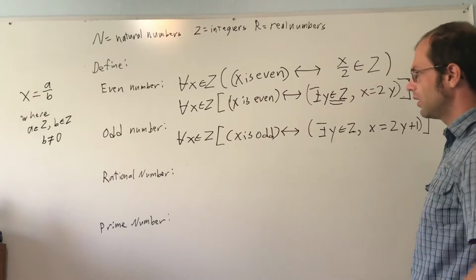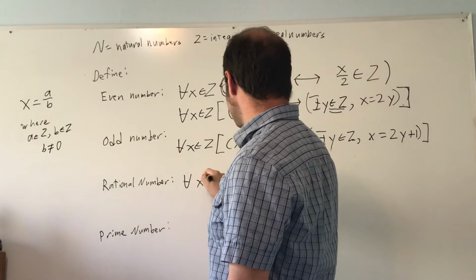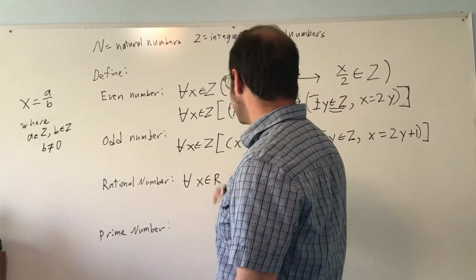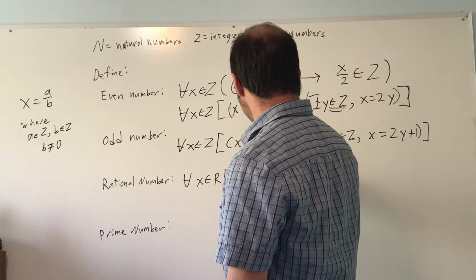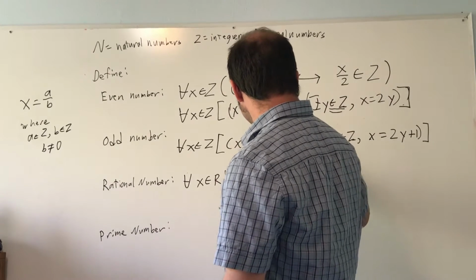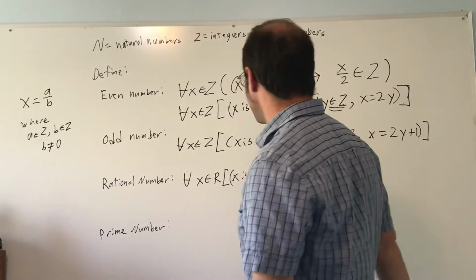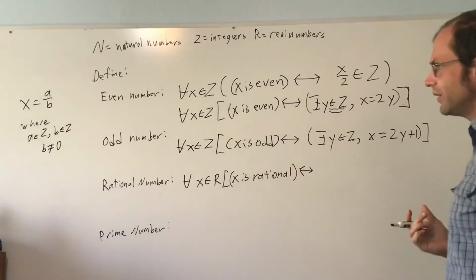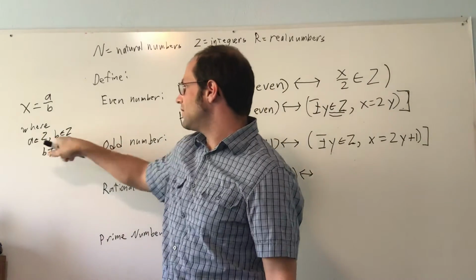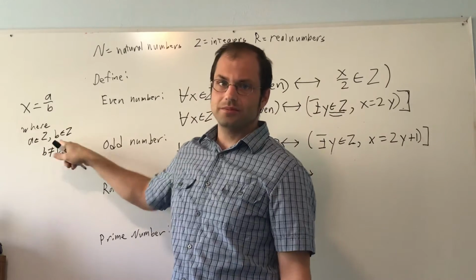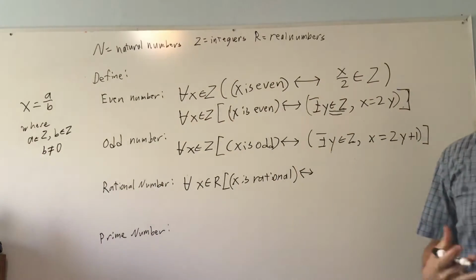So let's look at this then. All right? So for all x in the real numbers, x is rational. And so a rational number is one that, so now there's two different things that have to exist, right? And we just need to exist some pair together.